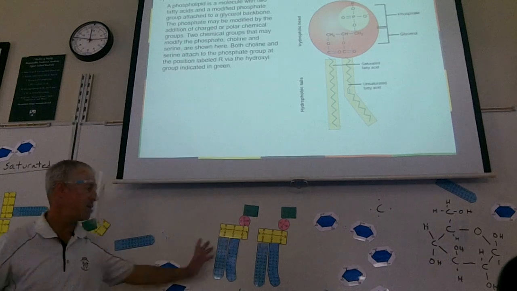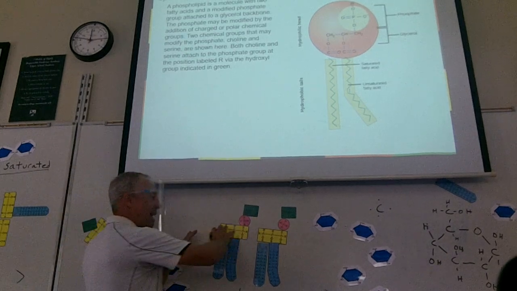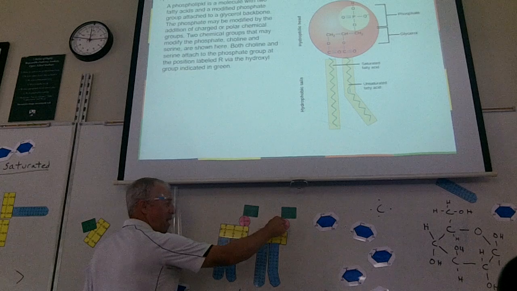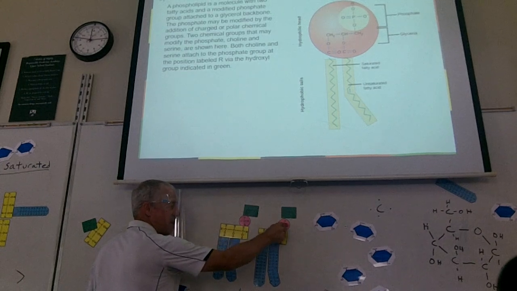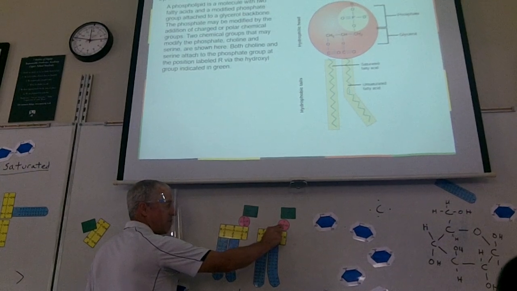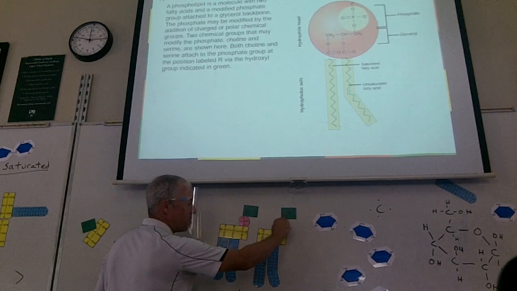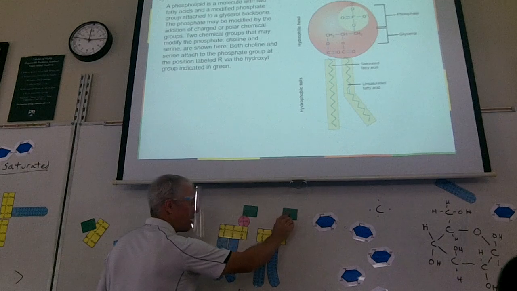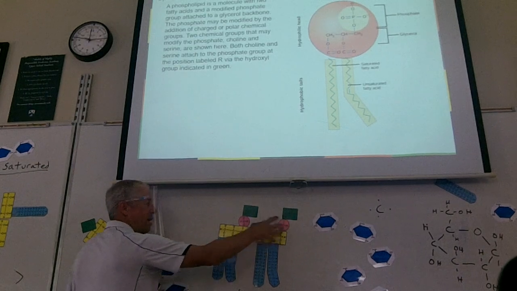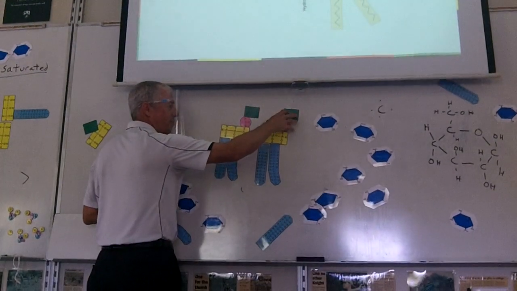Now, if you had millions of these things, they align in such a way. See, the phosphate has a negative charge to it. I don't know if you can see that little negative sign from where you're sitting, but it's there. And this nitrogen has a positive charge to it. There should be a little positive sign. Yep, it's right there. Anyway, this is a charged group.